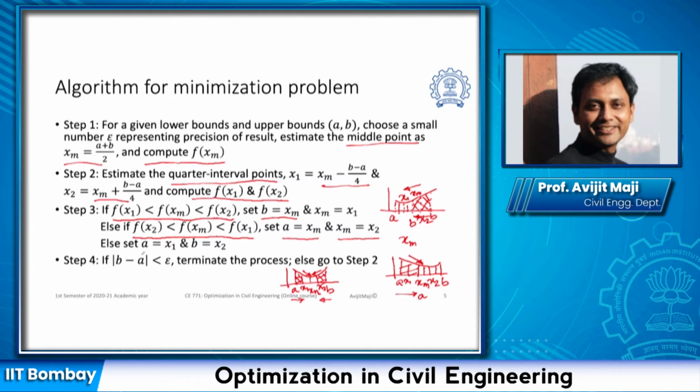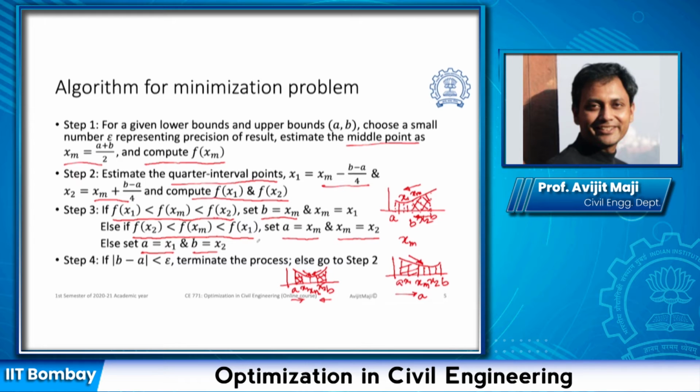So in this case, my new lower boundary will take the value of x1, and the new upper boundary is going to take the value of x2. We are going to retain the value of xm because that is still going to be in the middle, and we have to find new x1 and x2 and continue the process.